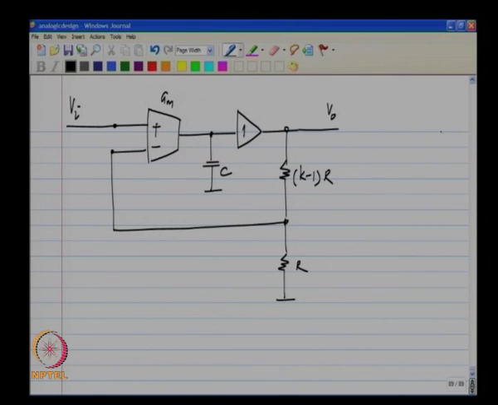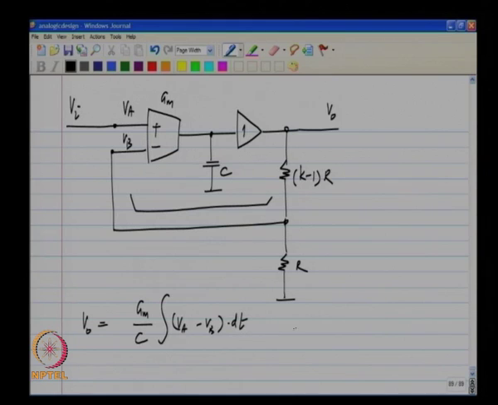Okay. If you look at the transfer function of the op amp by itself, that is the transfer function of this block, okay, the output voltage of the op amp is given by Gm by C integral Va minus Vb with respect to time, and what we wanted was for it to be omega u integral Va minus Vb with respect to time.